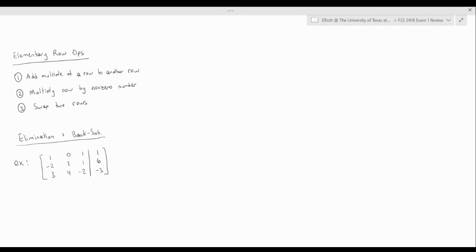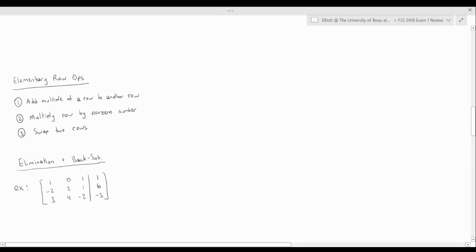Okay, so to do elimination, so remember that there's like 3 types of what they call elementary row operations that you can perform. Okay. So the first type of elementary row operation, the one that you kind of do the most of, is adding a multiple of a row to another row.